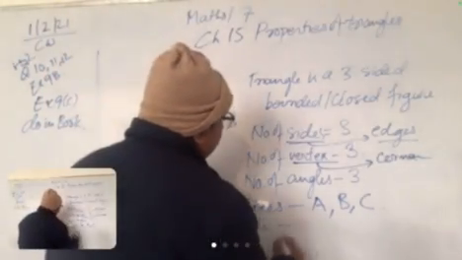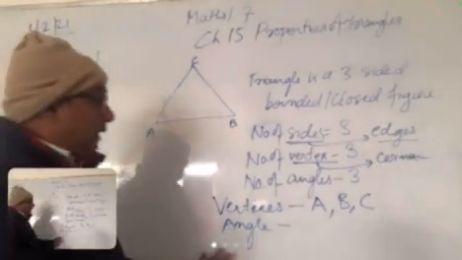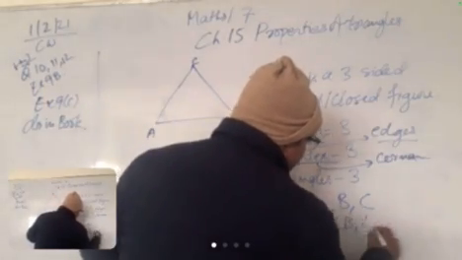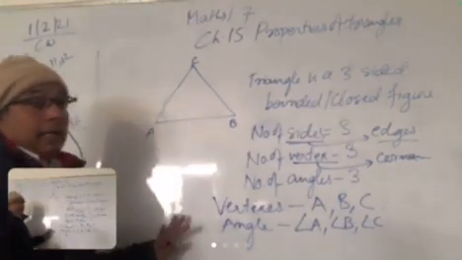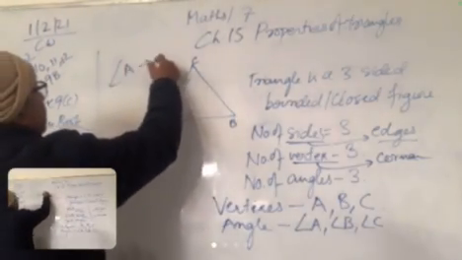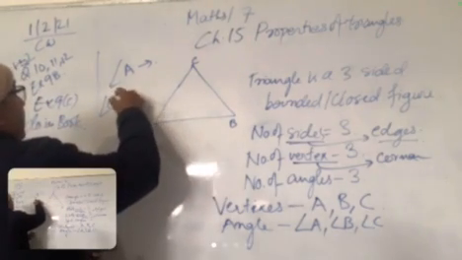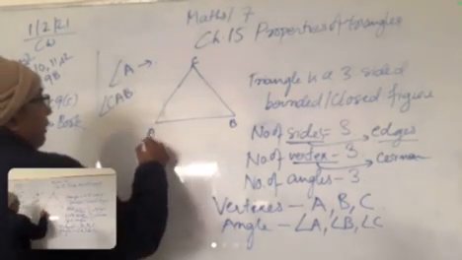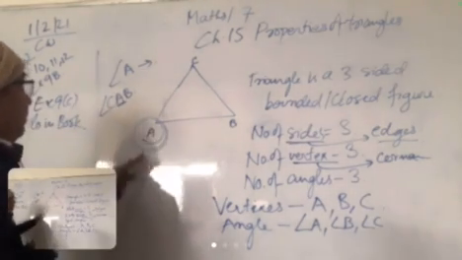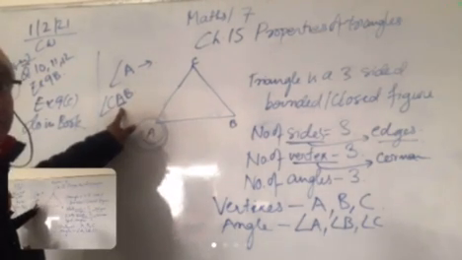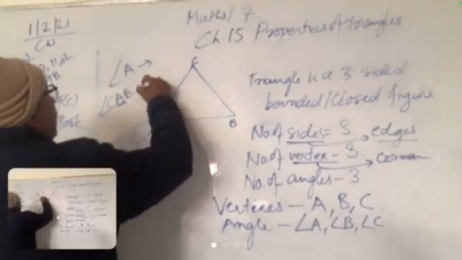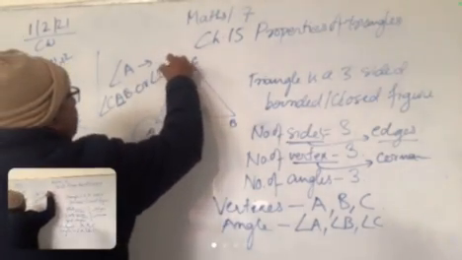And the angles you can write like this: angle A, angle B, and angle C. Angle A can be written as angle CAB or angle BAC.